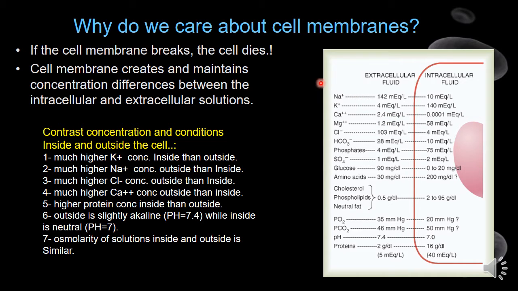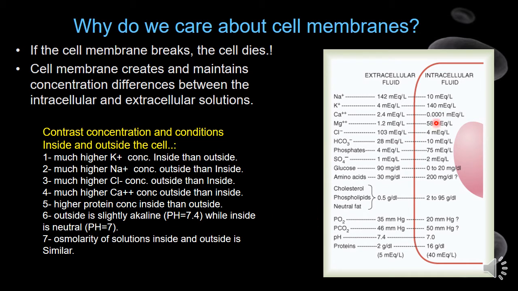In other words, we can say sodium outside is much more than inside, while potassium inside is much more than outside. Calcium outside is much more than inside. Chloride outside is found in large quantity compared to the inside. Phosphate is mostly found in large quantity inside, and so on.